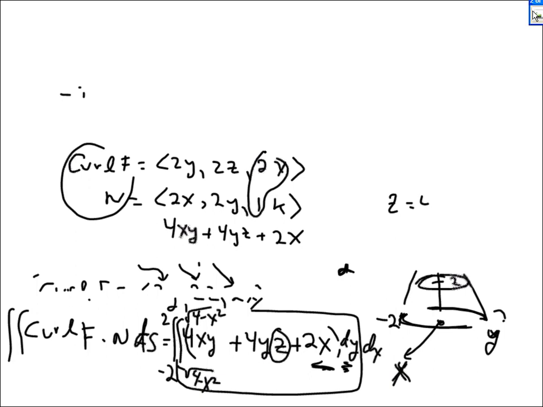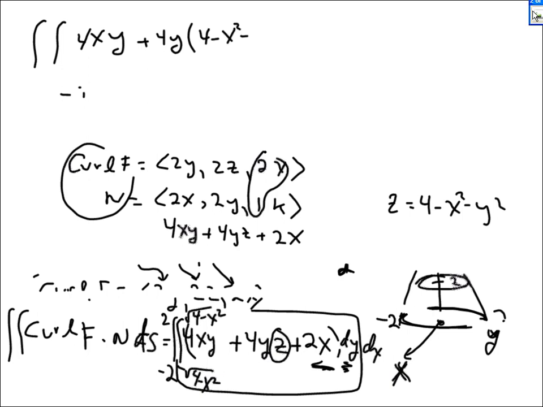Z was equal to 4 minus x squared minus y squared. So it's the double integral of 4xy plus 4y times z, which is 4 minus x squared minus y squared, plus 2x dy dx.